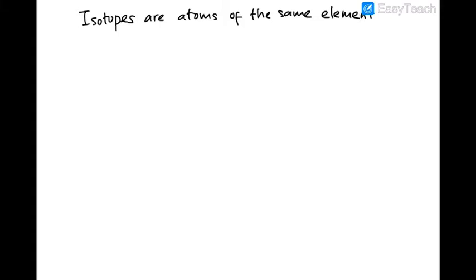So, in conclusion, we can write down the definition of isotopes based on what we have known so far. Isotopes are atoms of the same element, so it has to be of the same element, with different numbers of neutrons.